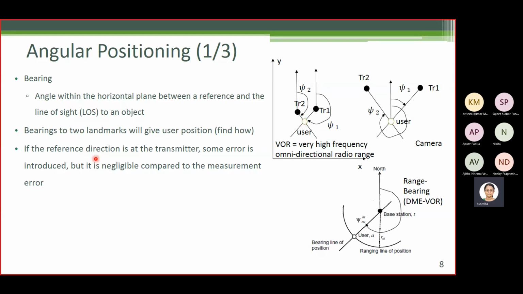But it is seen that this error is negligible compared to the measurement error. So in case of VOR, it is not taken into account, because the error due to taking the reference at the user is negligible compared to the measurement error.